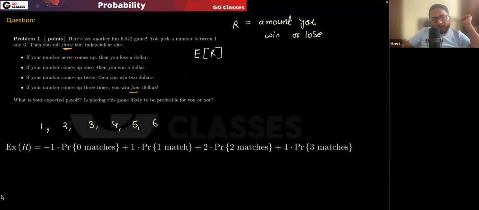Now, how to calculate these probabilities? This is the question. The probability that the number that you are choosing is basically having zero match. I mean, it is not matching with any of the dice.